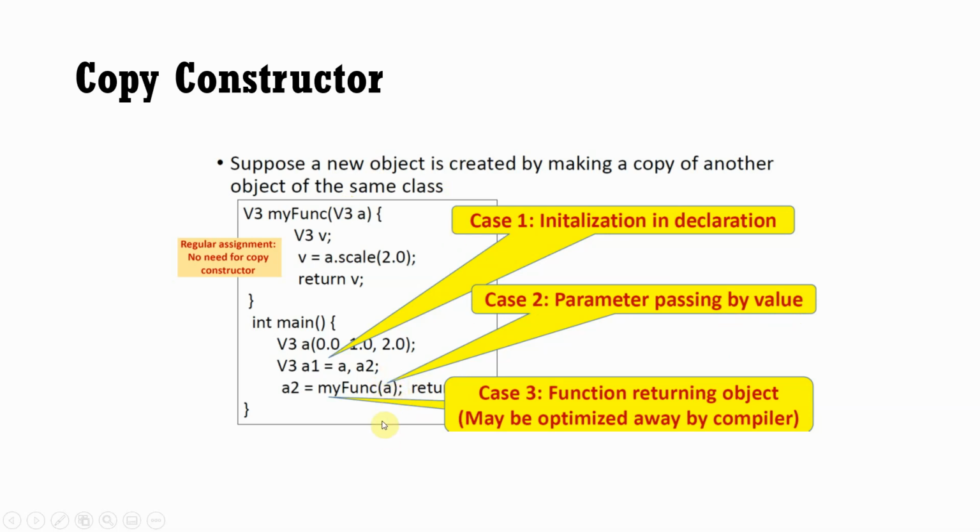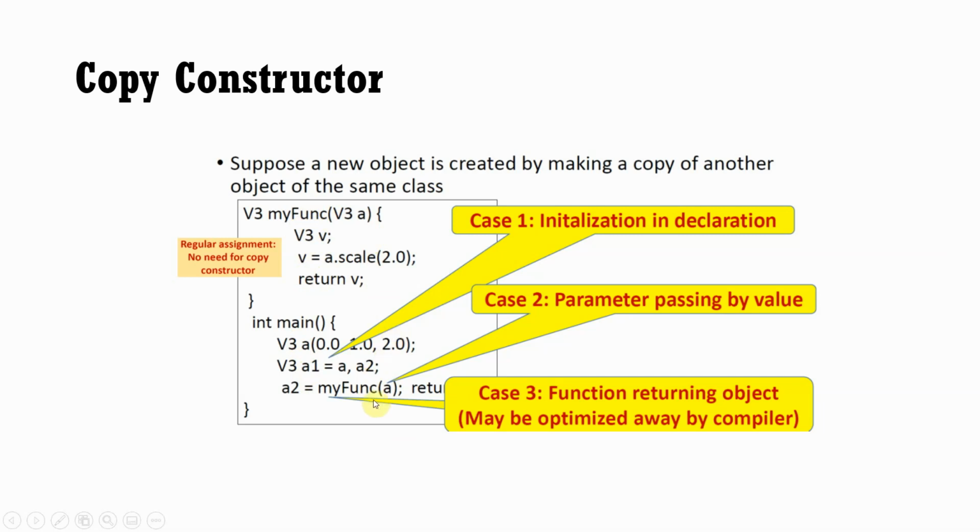So when this a is passed to this function, here we have another object named a. But these two a's are different. They have different scope. One of them is defined in the main, one of them is defined in the function.